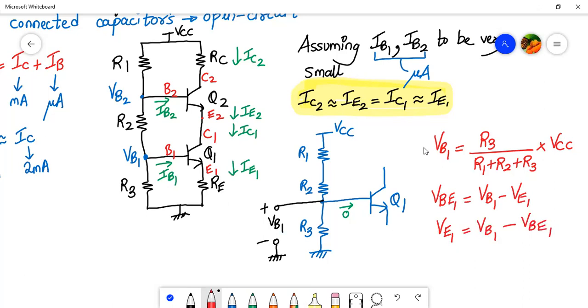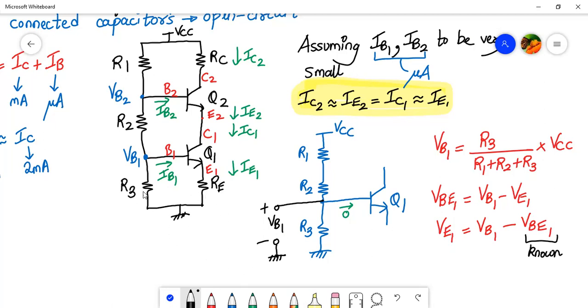So we have calculated VB1, and we can calculate VE1 because VBE is a known value. So we can easily calculate the value of VE1.